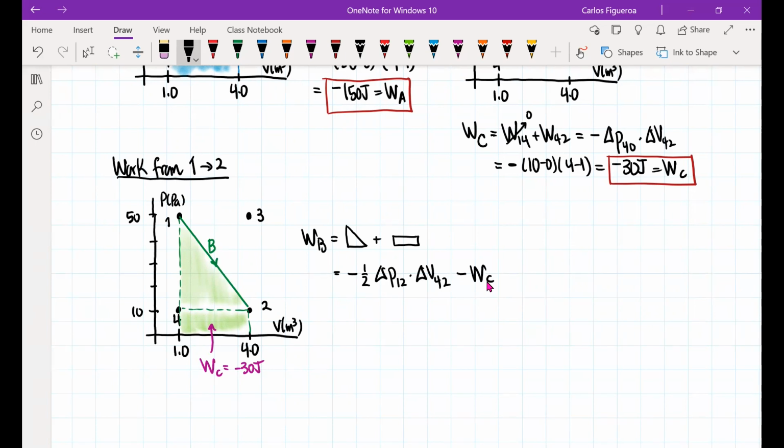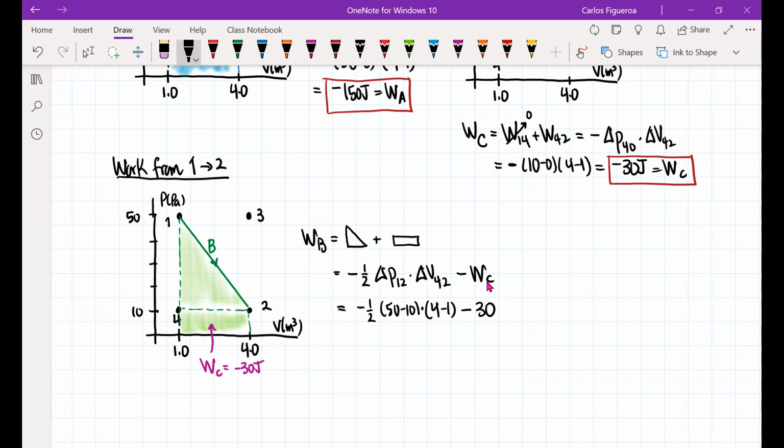So if I compute that, here's what I'm going to get. So this guy's going to be minus 1/2, and then the pressure difference here is going to be 50 minus 10. The volume is going to be 4 minus 1, and then I'm going to get minus 30. So if I compute that, I'm going to have 40 times 3, that's 120.